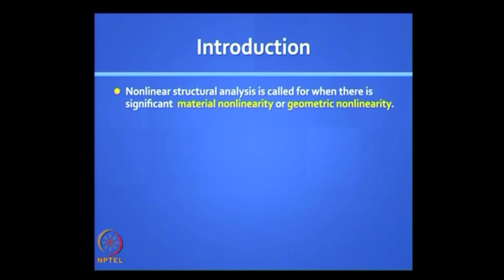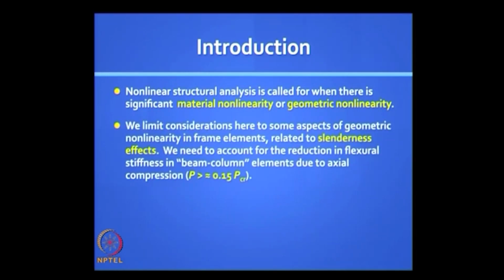Once you have the E value of the material, we can go ahead with our analysis. So nonlinear structural analysis is called for when there is significant material nonlinearity or geometric nonlinearity. In this module, we limit considerations to aspects of geometric nonlinearity in frame elements, and this is related to slenderness effects.